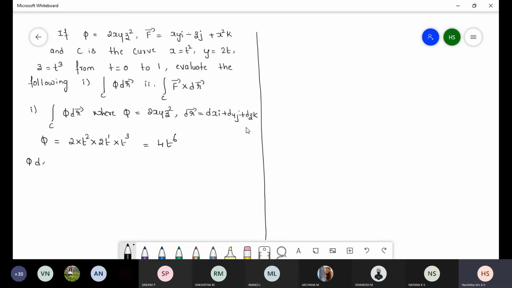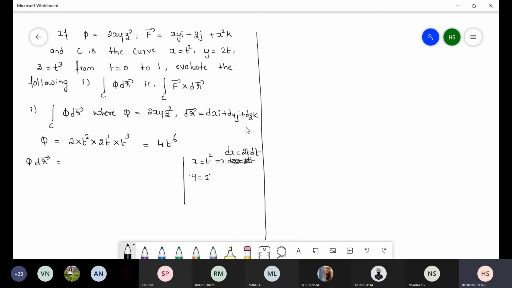Now I will write for phi vector dr. How will I write this one? I will just write x is equal to t square, so dx is equal to 2t into dt.